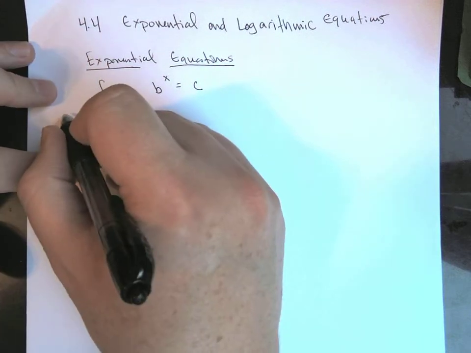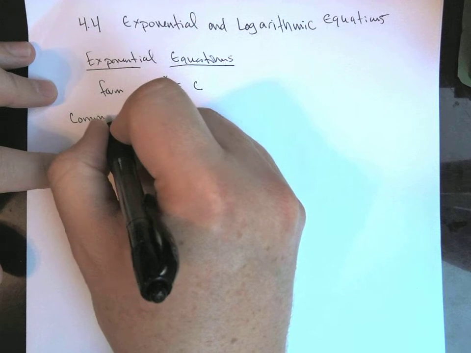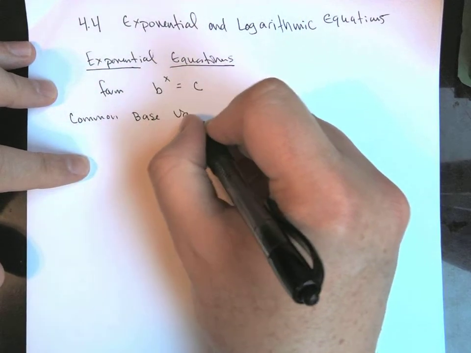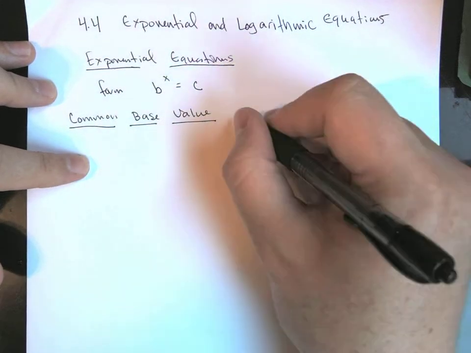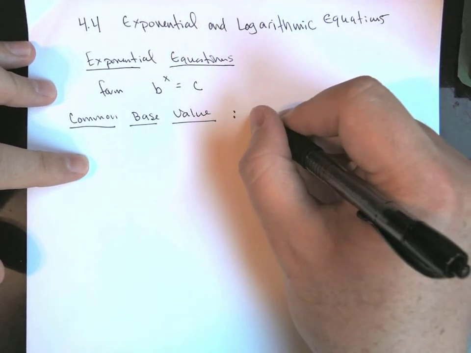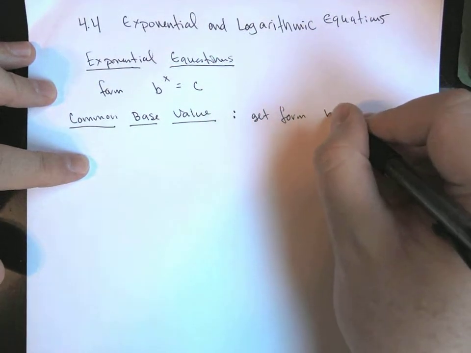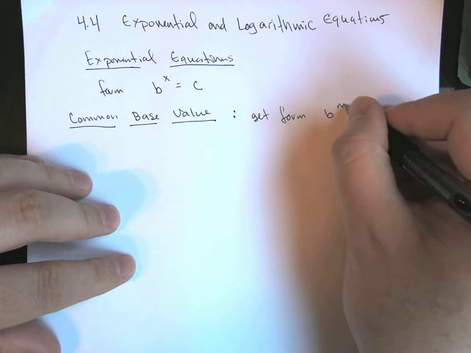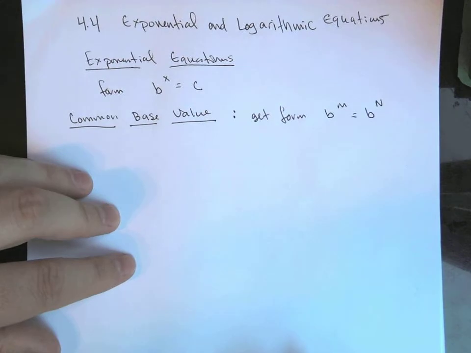And the first thing we're going to look at is a case when you have a common base value. So you could have an equation where you can get the form b raised to the m equals b raised to the n.